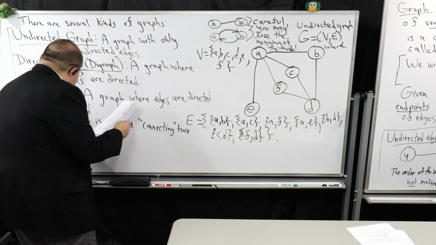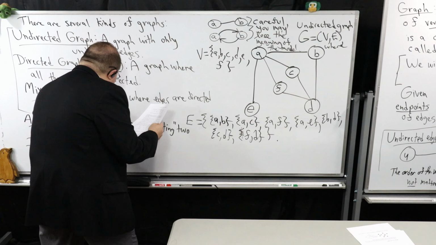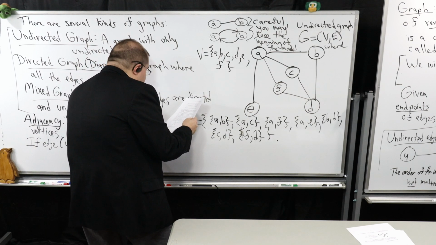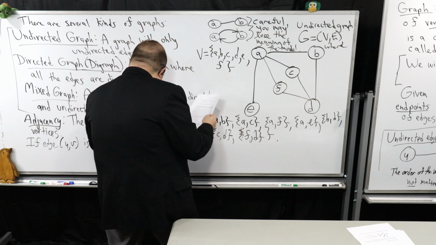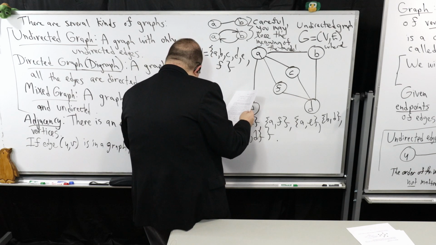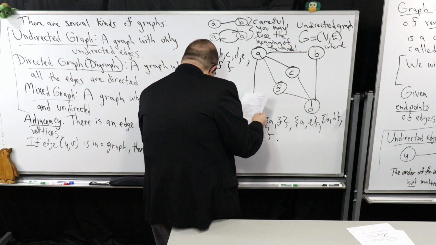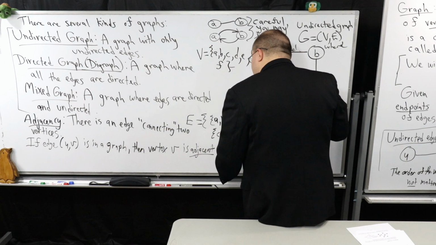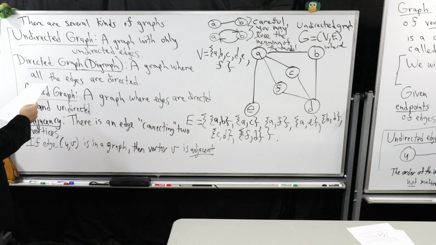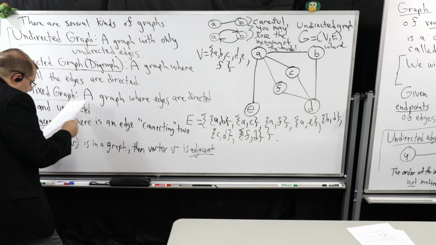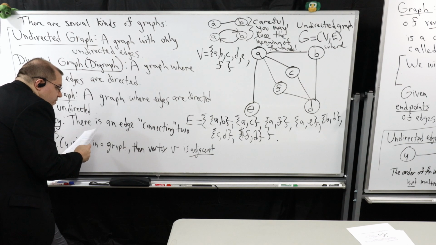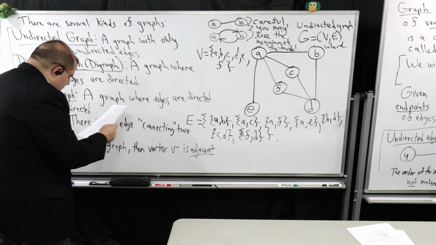So if edge UV is in a graph, then vertex V is adjacent to vertex U, getting ahead of myself.